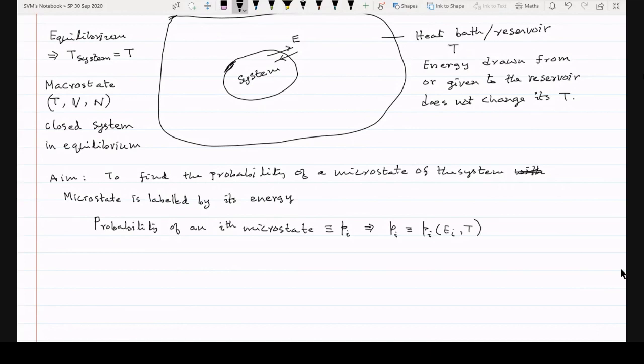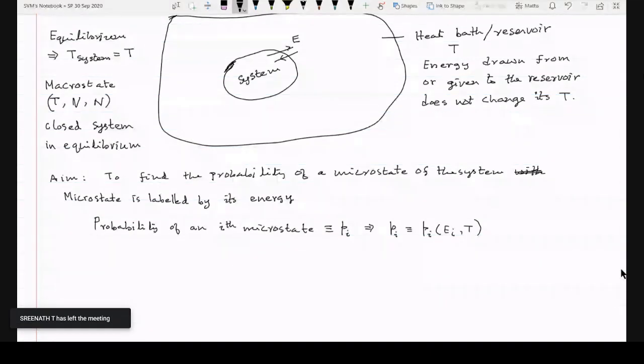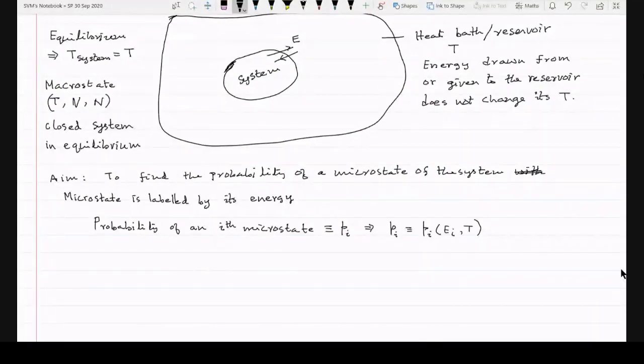I'm just expecting this because different microstates have different energies, and the probability will be different at different temperatures. So I am naively expecting that this could be the dependence of this probability.